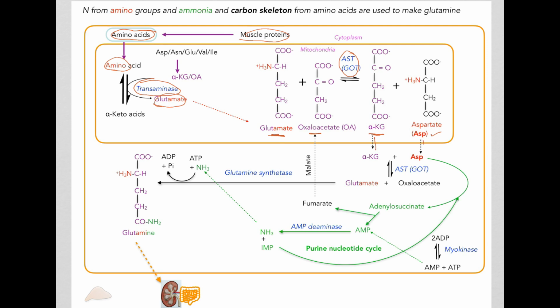These two are transported out of the mitochondria into the cytoplasm, and once again they are reconverted back into glutamate and oxaloacetate by the cytoplasmic form of aspartate transaminase. Now, unlike alanine, the glutamate doesn't go through the ALT reaction. Instead, it is converted into glutamine by the enzyme glutamine synthetase.